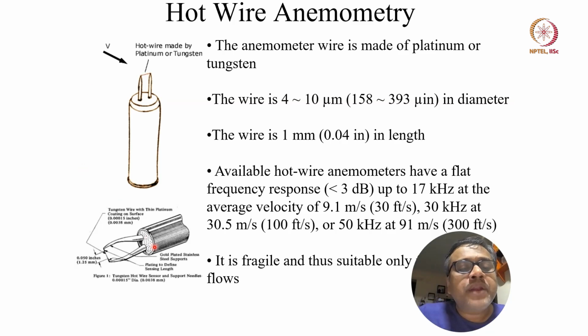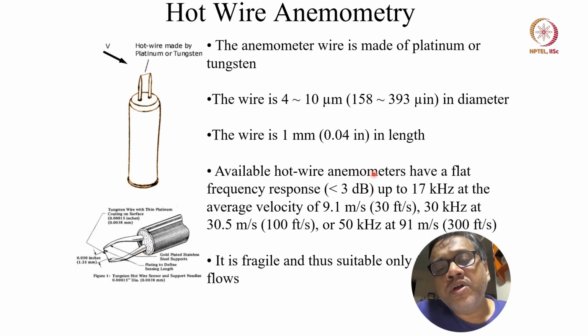You can see a practical anemometer over here. This is a tungsten wire with thin platinum coating. Here you can see it is 1.5 mm, and 25 mm is the length. Then it is connected to the electronics after that. This tungsten hot wire sensor and its supports are a practical example.